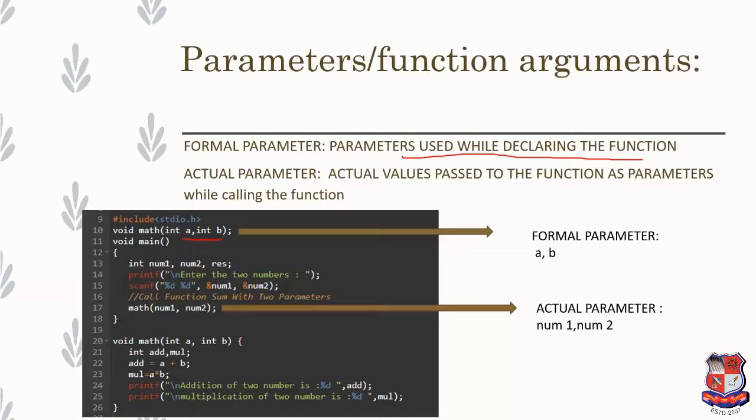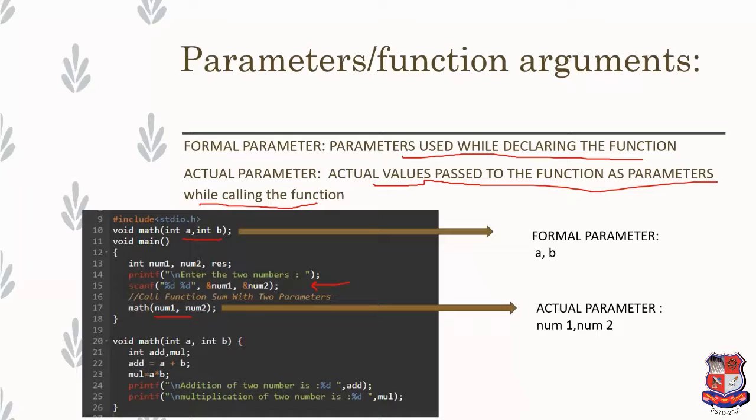Now, what are actual parameters? Actual parameters means the actual values passed to the function as parameters while calling the function. In previous examples, we used number 1, number 2. Okay. When I was calling my math function, I used the values number 1 and number 2 because I was taking that from the input of the user. So those are my actual values which I am passing to the function.